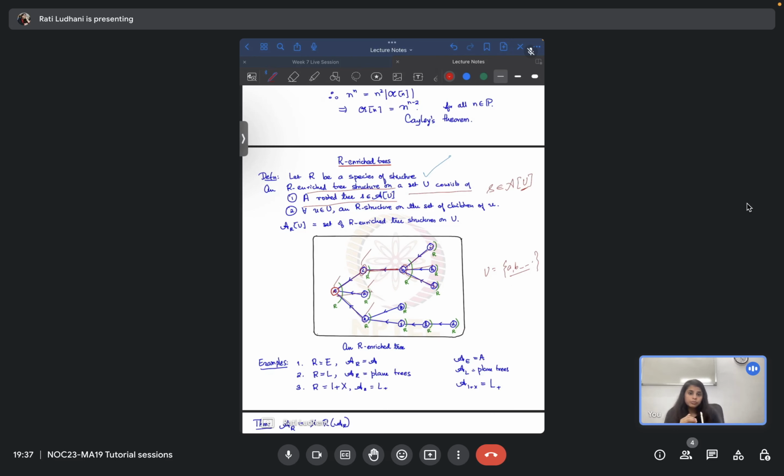So there should be a structure on 3. For E there should be R of 3, so R of 3 should be non-empty.